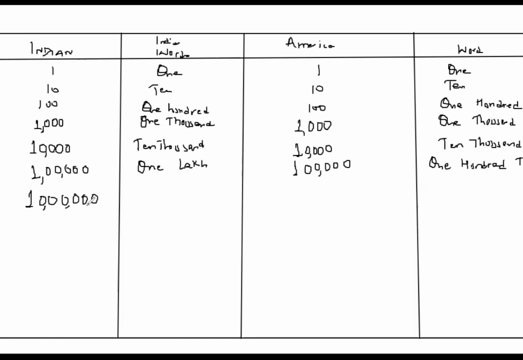So now we have 10 lakhs. Whereas once we get to the US, after every three digits, we put the period, right? So now this is called 1 million.